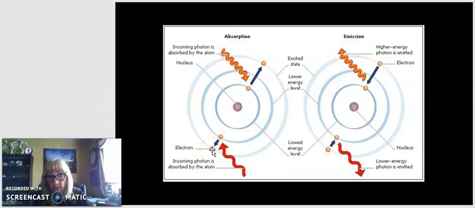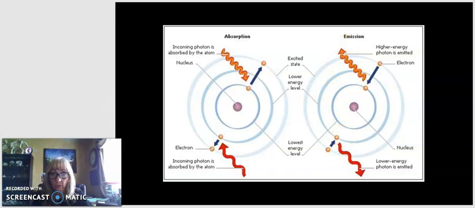Electrons are lazy. They want to go back to their lower state so that it can spit out that same photon and go back down to the lower energy state. This electron over here can spit out its photon, go all the way back down to where it started, and spit that photon back out.